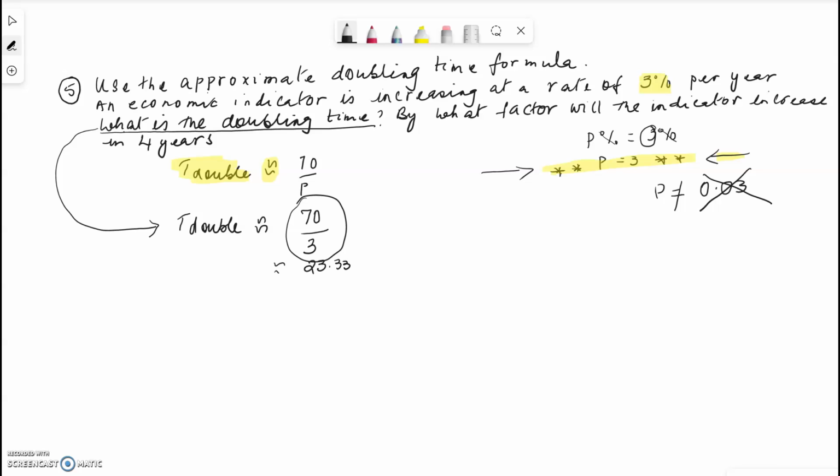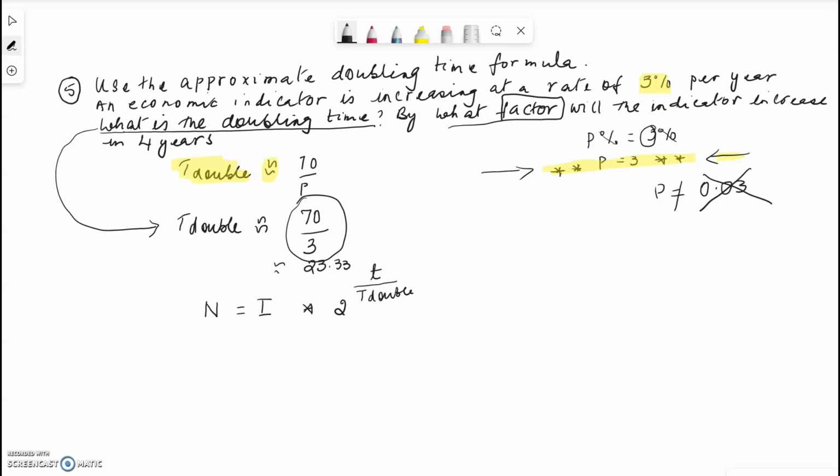Okay, by what factor? This is exactly the same as the previous problems. By what factor will the indicator increase in 4 years? So let's write down the formula. New value is equal to the initial value times 2 to the power of t, the time that has gone by, over the doubling time, T double.